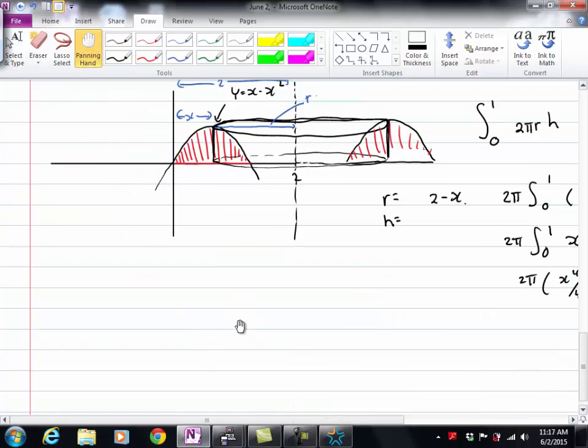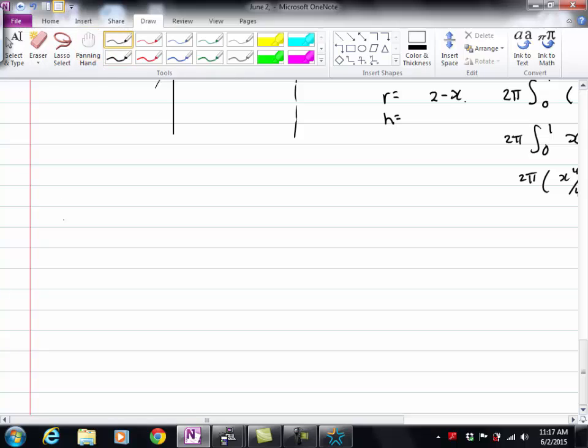I'm going to give you one more, and here we go. Same concept. Draw this out. This is example 2. The region y equals 2 root x minus 1, y equals x minus 1, rotate about x equals 6.